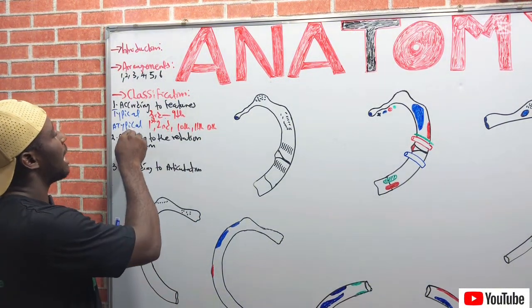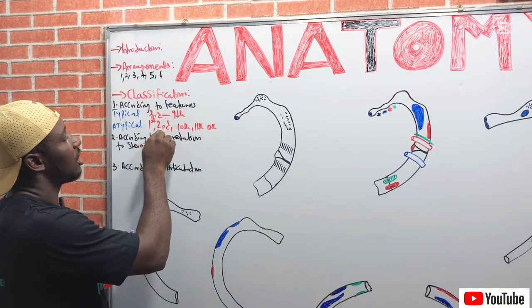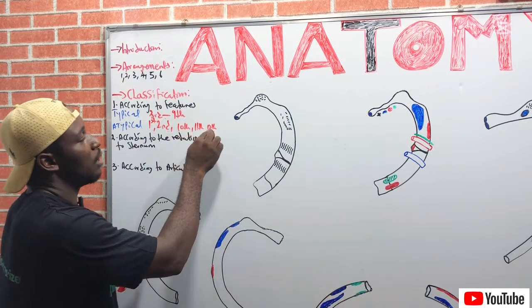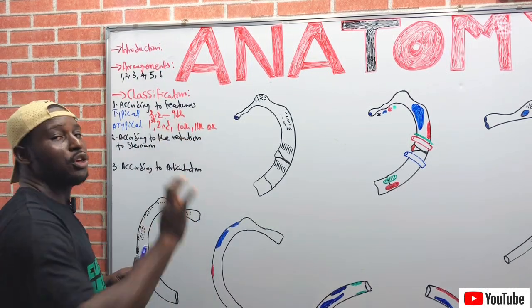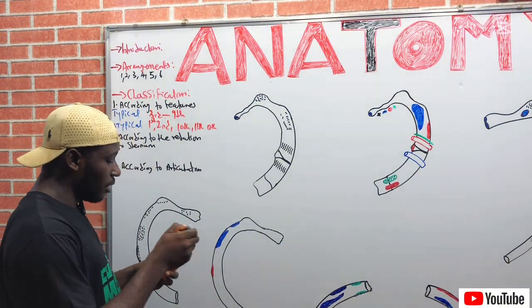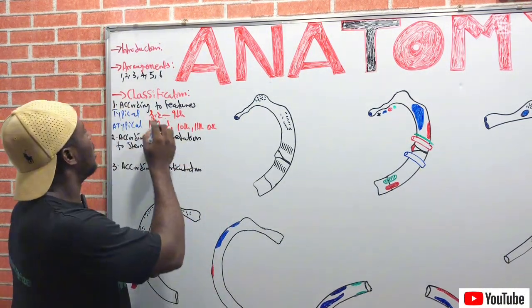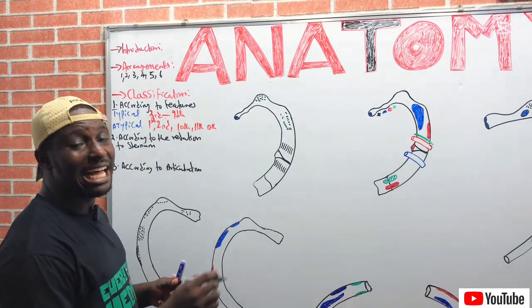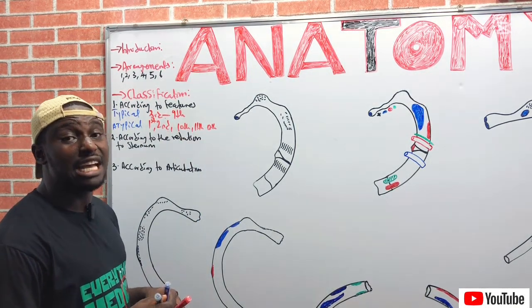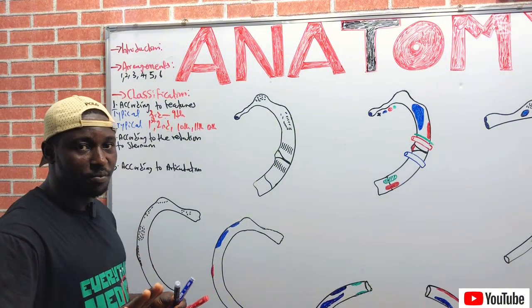So the atypical ribs constitute the first, second, 10th, 11th, and 12th rib, whereas the typical ribs constitute the third rib to the ninth rib. You have to understand that the typical ribs have the same features. Their features do not vary.